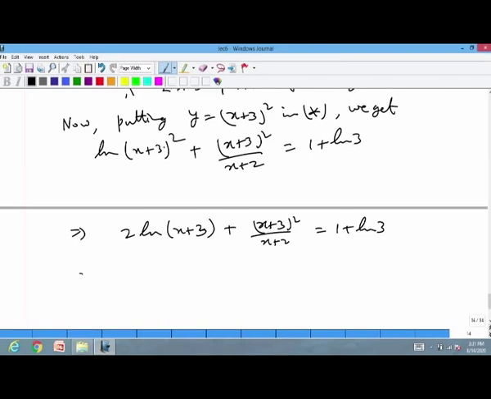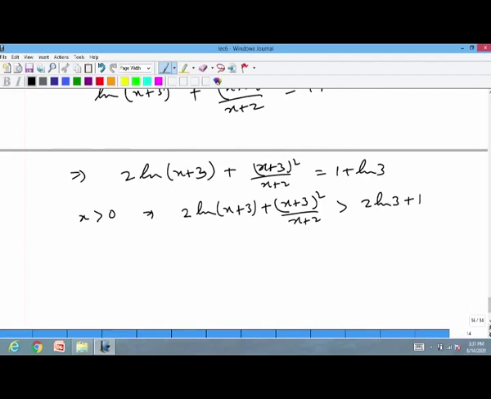Now again, since x is bigger than 0, the first term is bigger than 2 log 3, and (x+3)^2/(x+2) is clearly bigger than 1, because x+3 is bigger than x+2. So again, this is not possible.